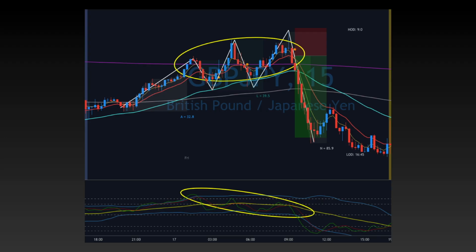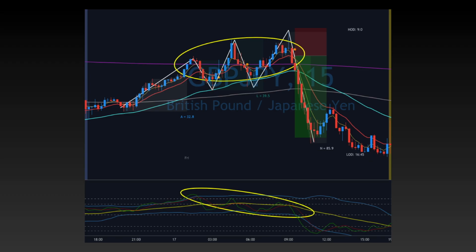Here's another one. This is a type 1. And you can see I drew it out with 3 legs so I could show you the divergence, because the divergence on this one is truly, truly really good.